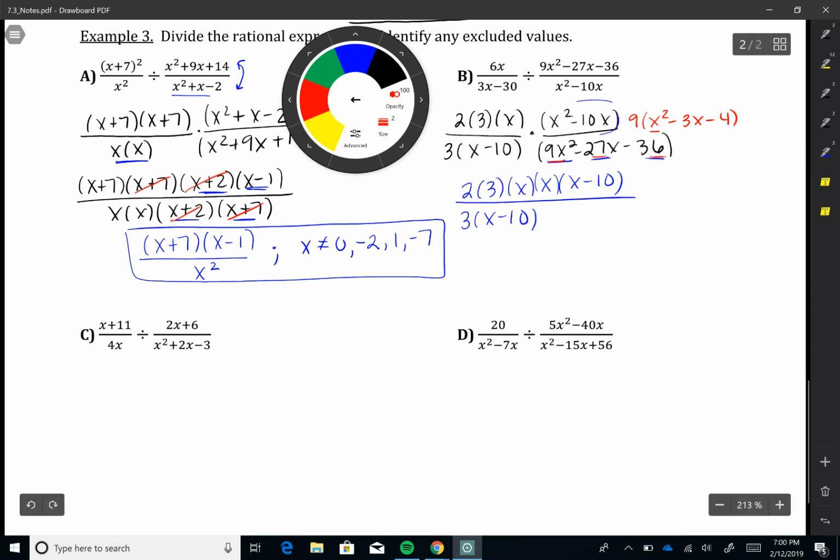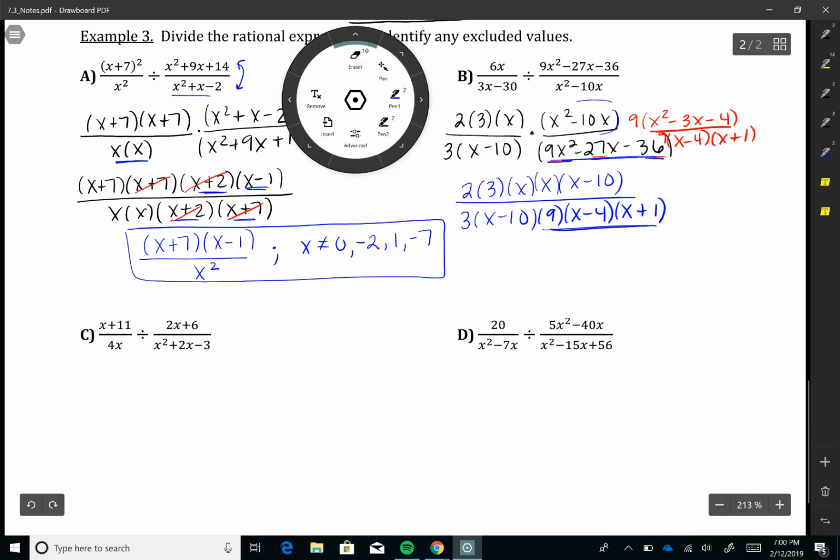Okay, and then I can factor this trinomial. That would be (x minus 4) times (x plus 1) with that 9 still in front. So that's going to be written in the denominator as well. So this trinomial turned into those 3 factors.